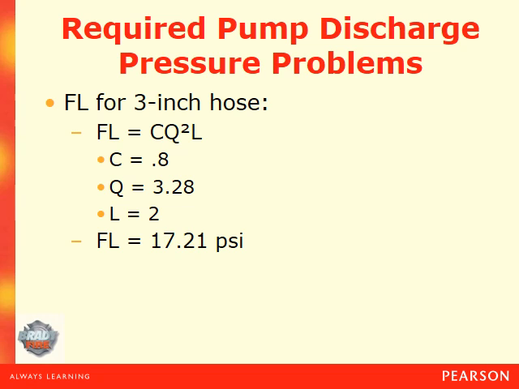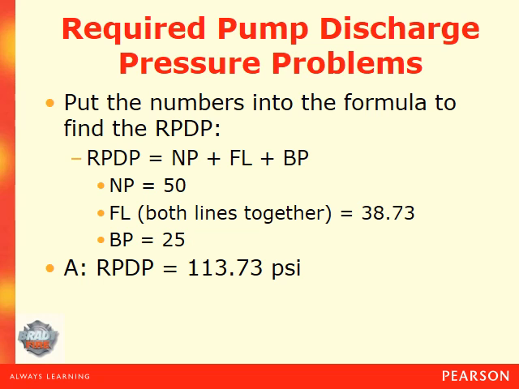We plug in our numbers, we do our math, and we get 17.21. So now we can add everything up, from our nozzle pressure to our friction loss to the back pressure, which gives us the required pump discharge pressure of 113.73.